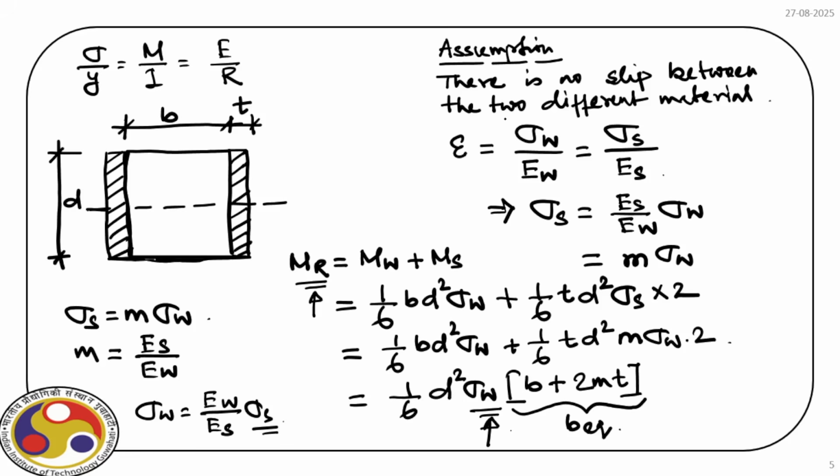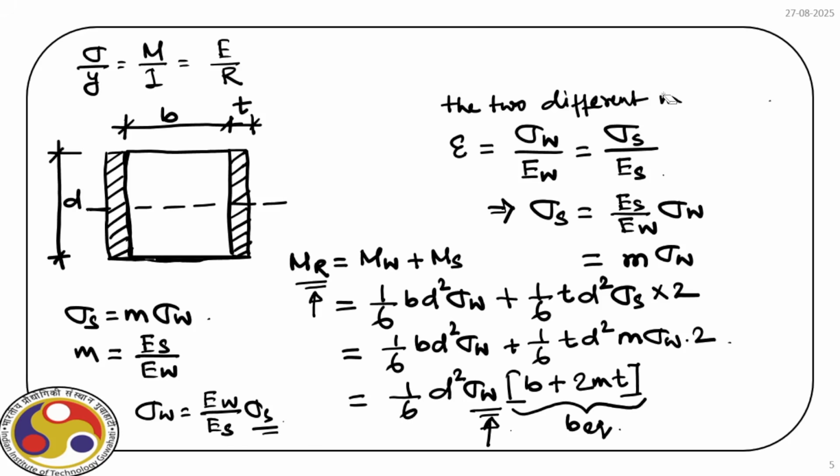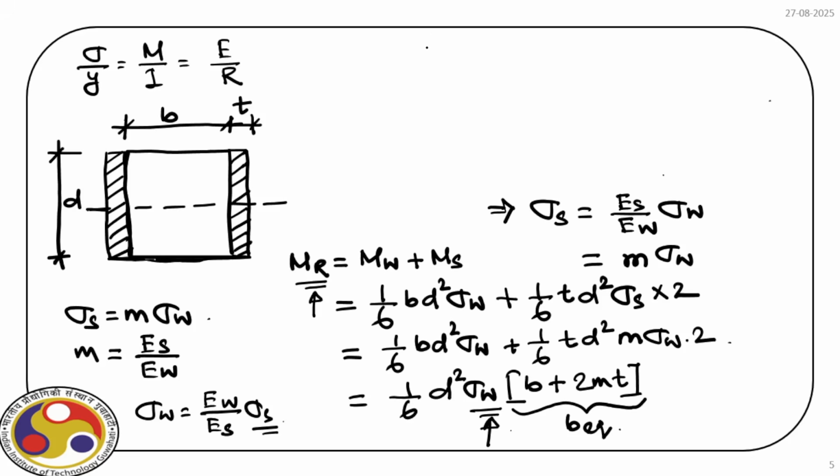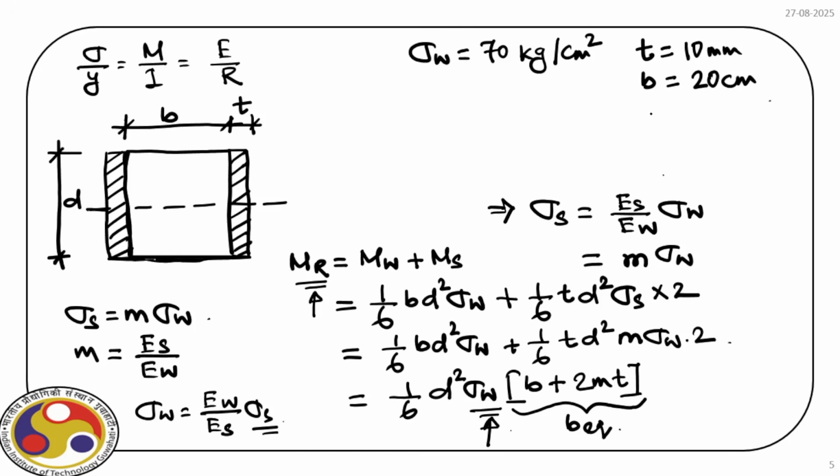Now let us put some numbers. So if we have the allowable stress in the wood fiber, sigma W, as 70 kg per centimeter square, and let T, the thickness of the steel plate, be 10 millimeter, and B, the thickness of the wooden part, is 20 centimeter, and the depth D is 40 centimeter.